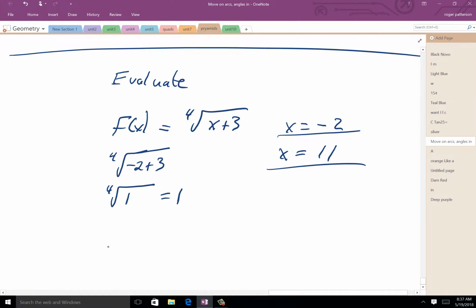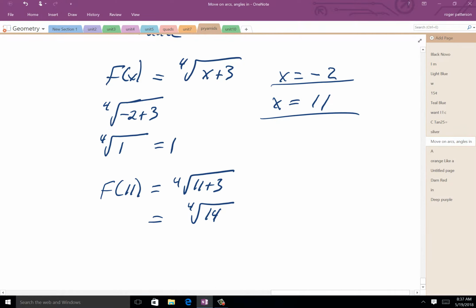On the next one, I'd rather write it like this myself, but they don't do it that way too much. Okay, so then, if this was simplifying, I would check to see if I had any 4th roots of 14, and of course there isn't any. But for calculate or evaluate, I'd use my calculator to do that.